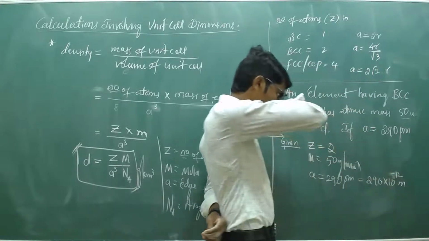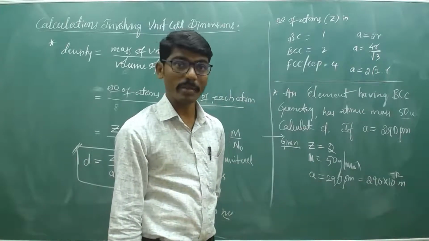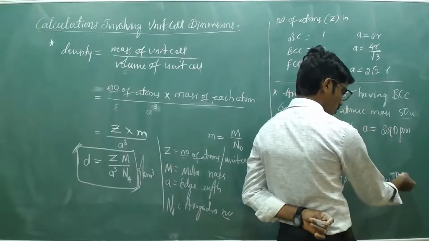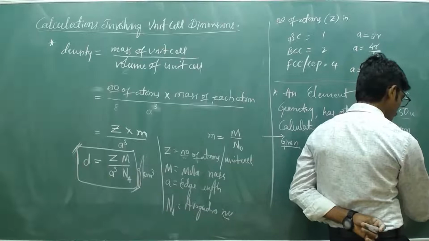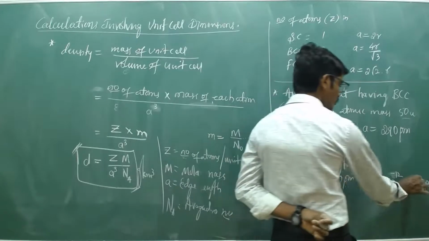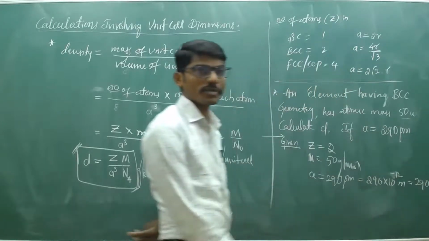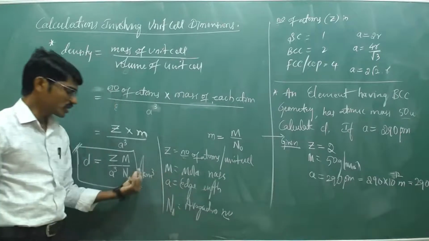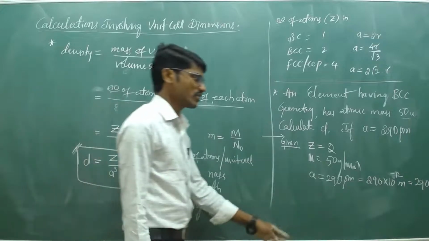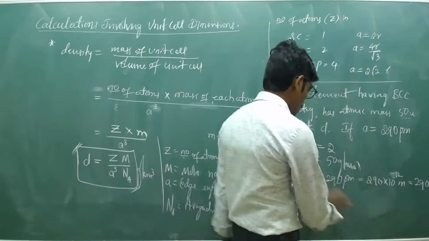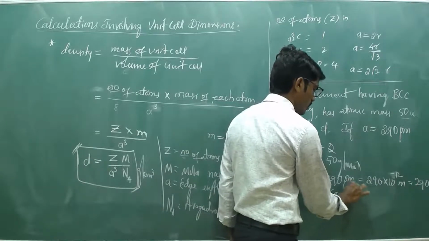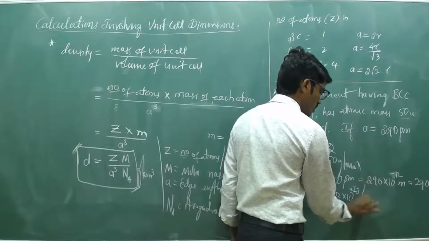Now I want it in centimeter; 1 meter is 10 power 2 centimeter. So this is 290 into 10 to the power minus 10 centimeter, because the density unit is grams per centimeter cube. And Avogadro's number N A is 6.02 into 10 power 23 per mole.